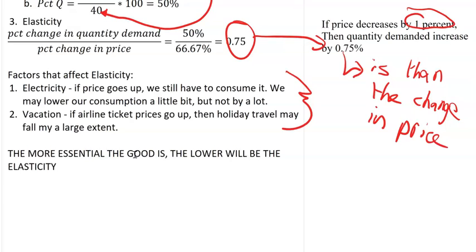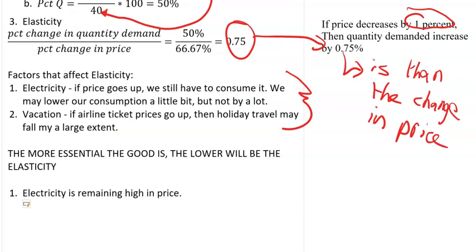So if some goods are extremely essential, like electricity and gasoline, those have very low responses of quantity demanded to changes in price. Let's look at another example, again electricity. Let's say electricity remains high in price.